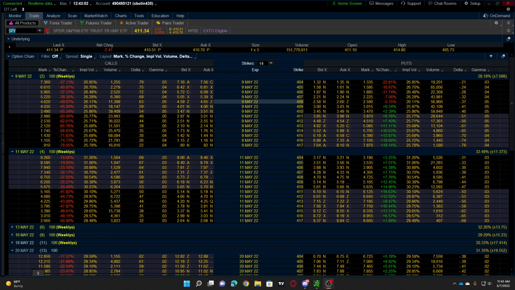There's a system of measurement within the options world called binomial. In this binomial system, every second the market is asking, where can we go here? We can go up a penny, we can go down a penny. Every second of every minute that the market is open, we can go up a penny or down a penny.